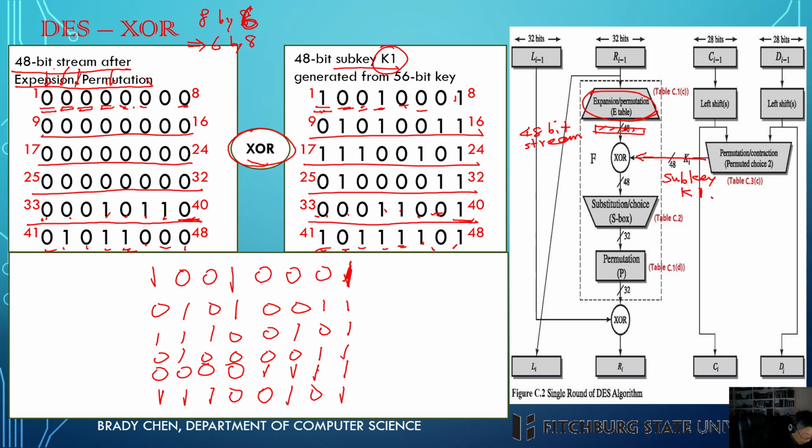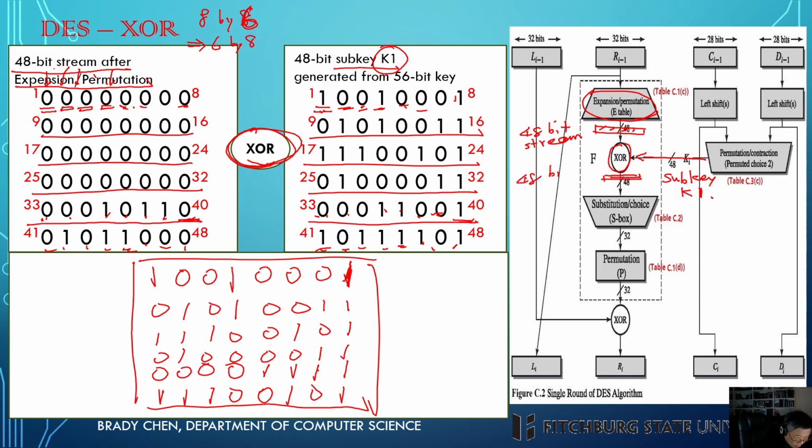So basically, that's the output after the exclusive OR operation between the 48-bit string and the 48-bit subkey. Now after the exclusive OR operation, we get another 48-bit output.